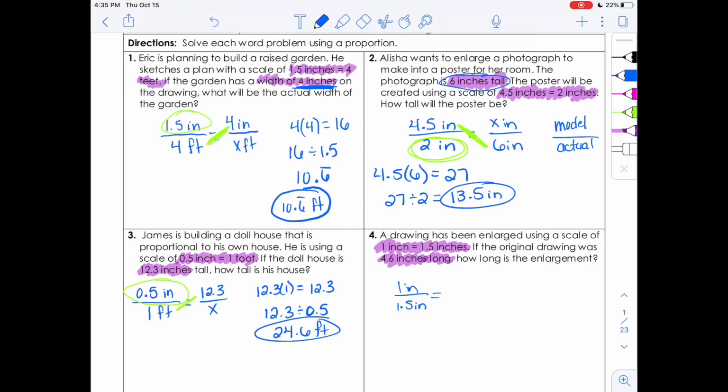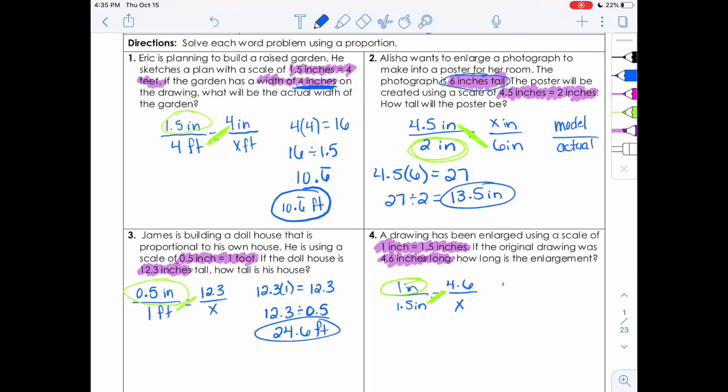And the second ratio is the information given. The information given is that the drawing is 4.6 inches long. So 4.6 over x.